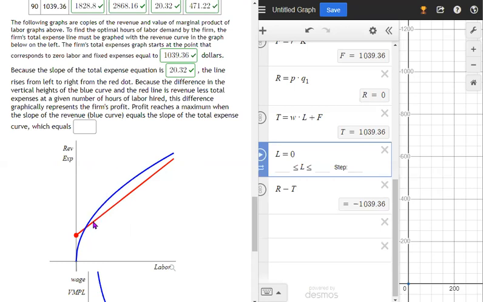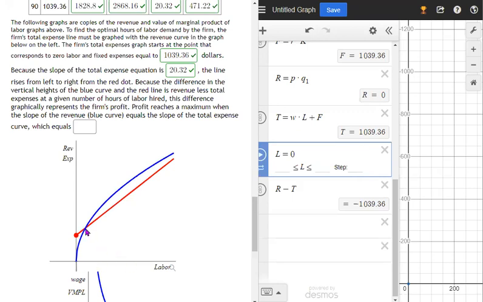Now, this blue curve is revenue, and this red line is total expenses. So if labor is 0, our revenue is 0, and our total expenses are $1,039.36. So our profit would be negative here, right? We'd have a negative profit there if labor is 0.